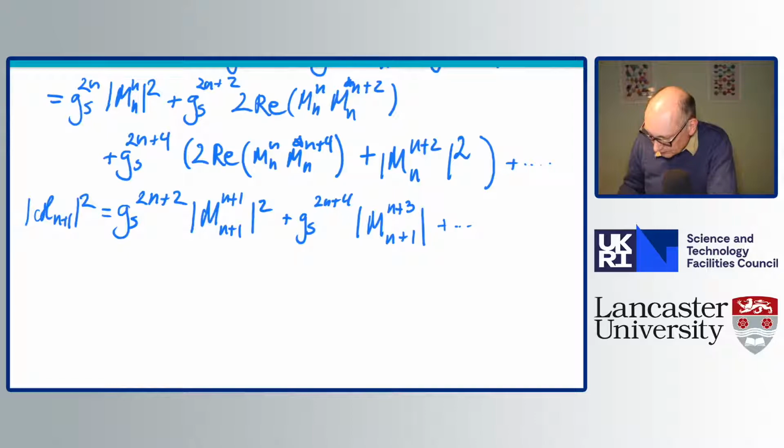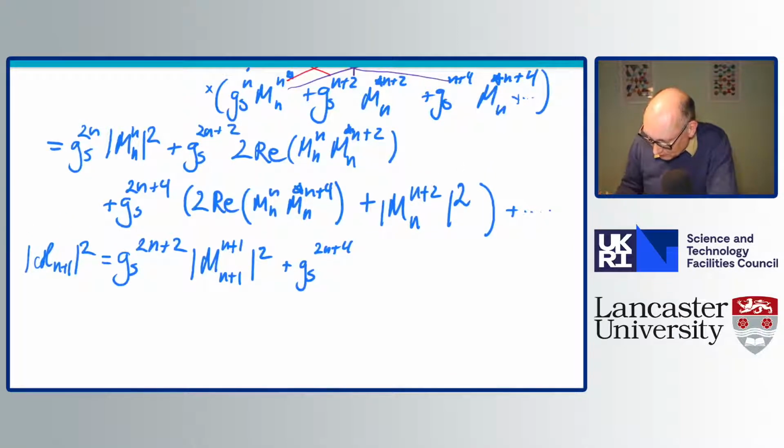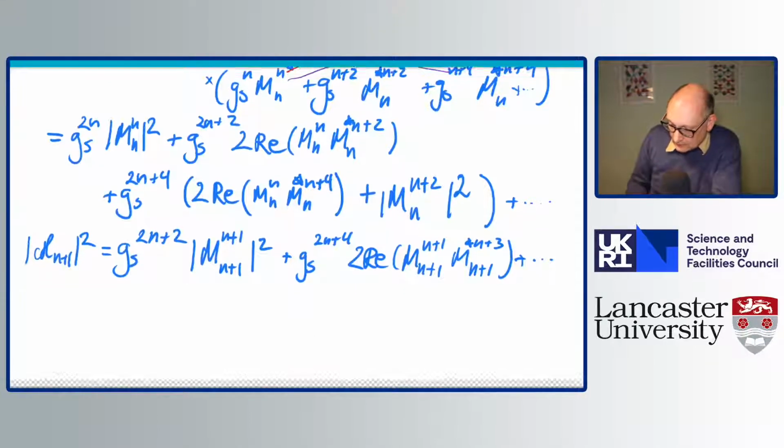The amplitude squared would of course have twice the real part of M n plus 1, n plus 1 times M n plus 1, n plus 3 complex conjugated, plus higher order, right?